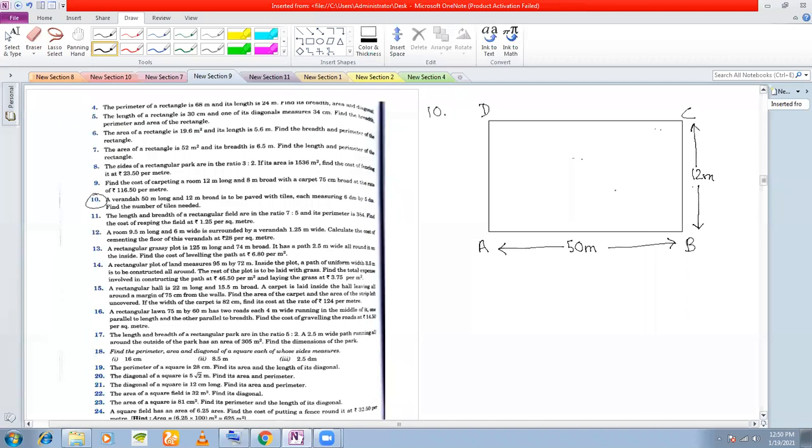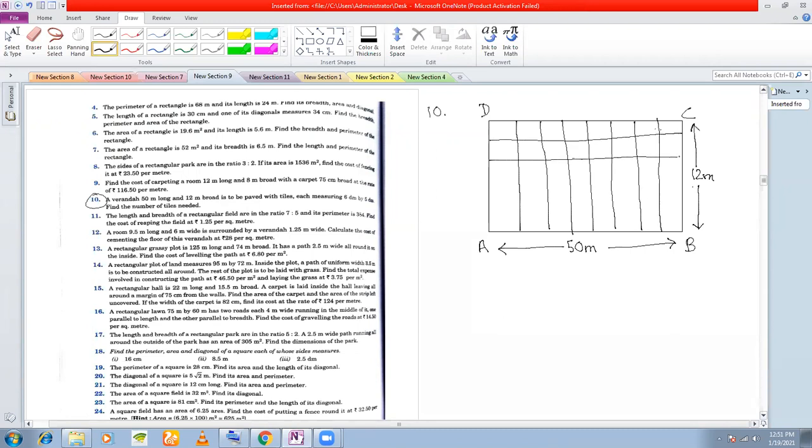Now this rectangular veranda is to be paved with tiles. What do you mean by paved with tiles? That means certain types of tiles have to be placed here on the floor. These are rectangular tiles.